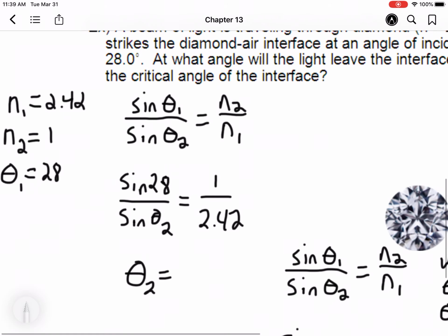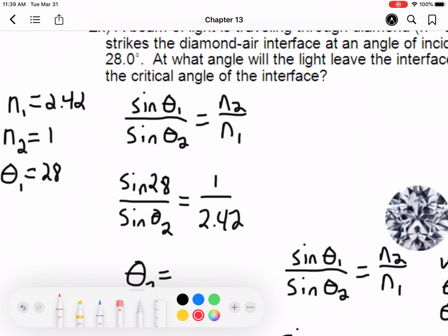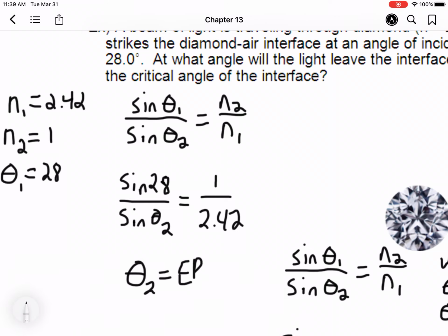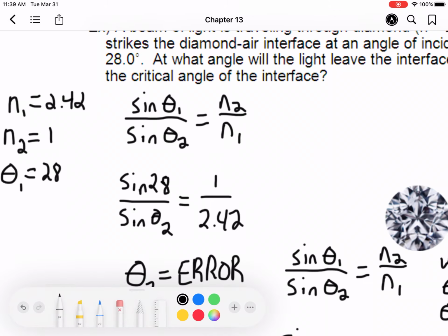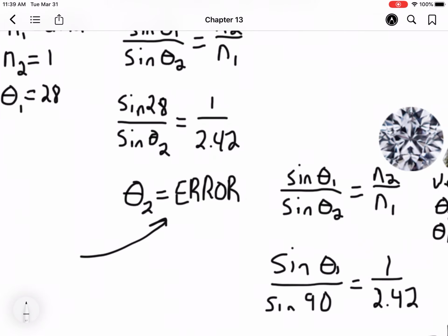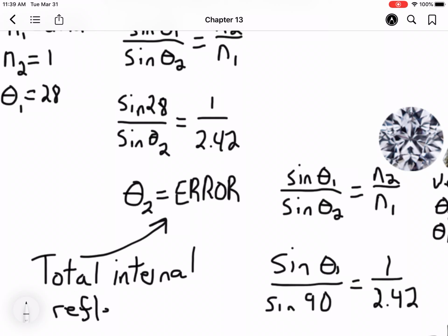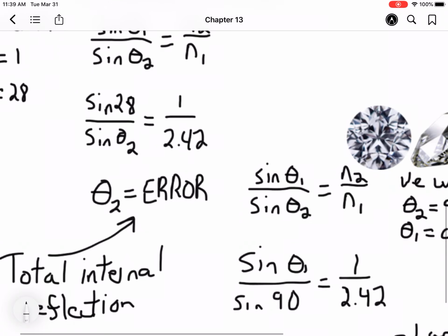When you do that, you're going to get an error. It's not going to work, because what you're getting is total internal reflection. So the light is not going to leave the diamond. It's going to stay in the diamond.